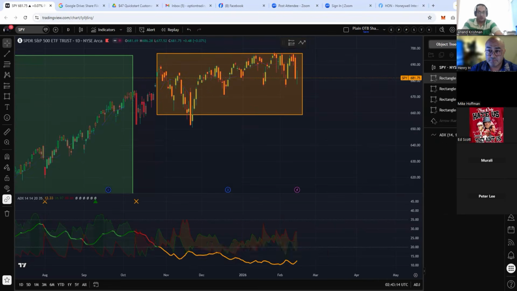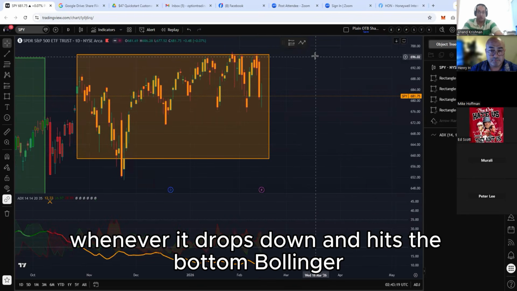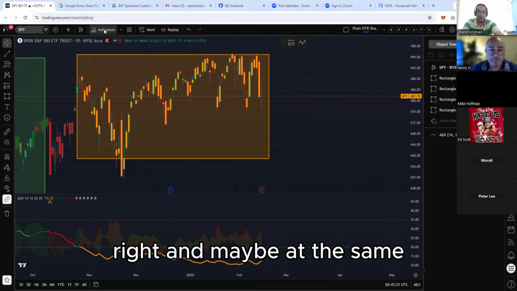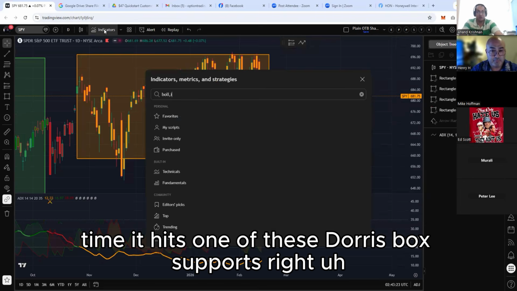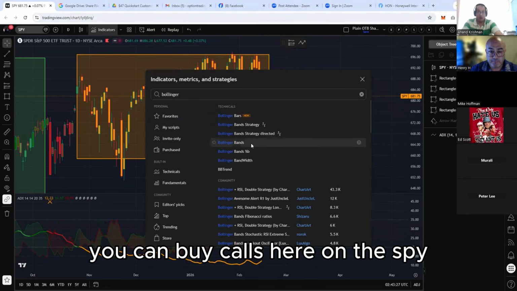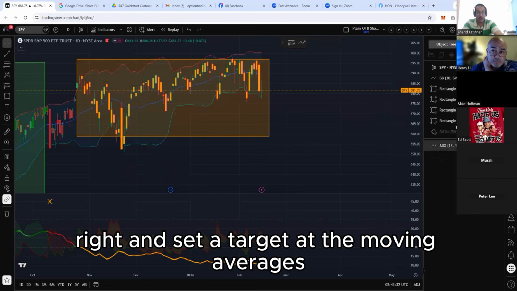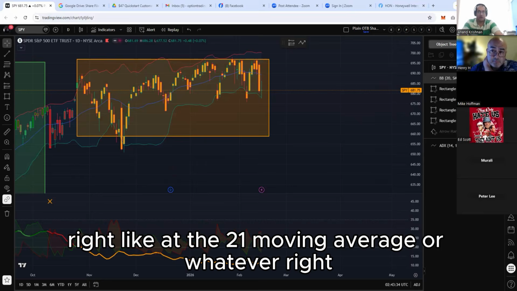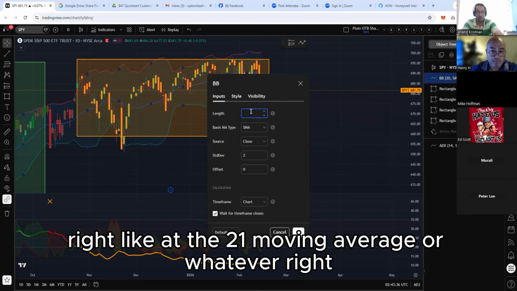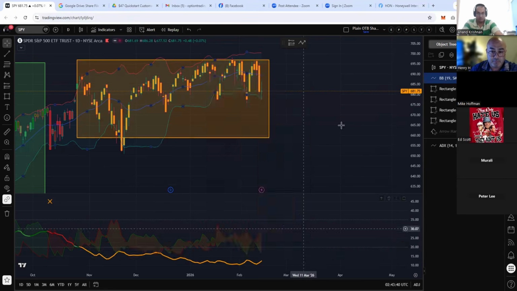But another thing you could do is whenever it drops down and hits the bottom Bollinger, and maybe at the same time it hits one of these Dorsey box supports, you can buy calls here on the SPY and set a target at the moving averages, like at the 21 moving average or whatever, and then get out there.